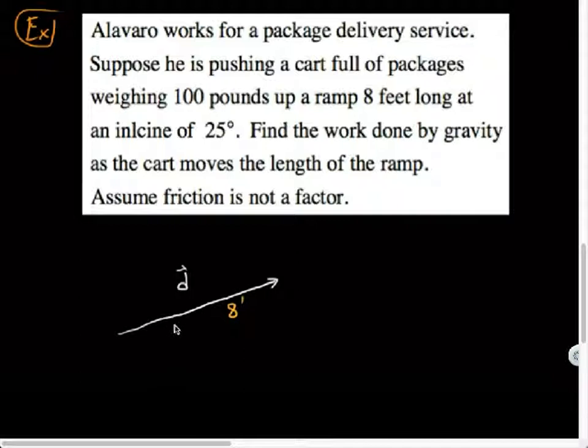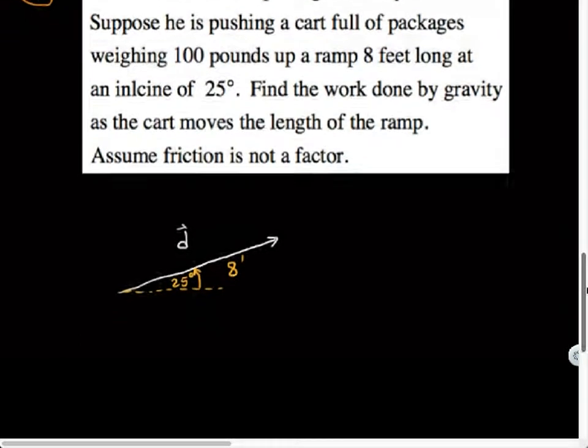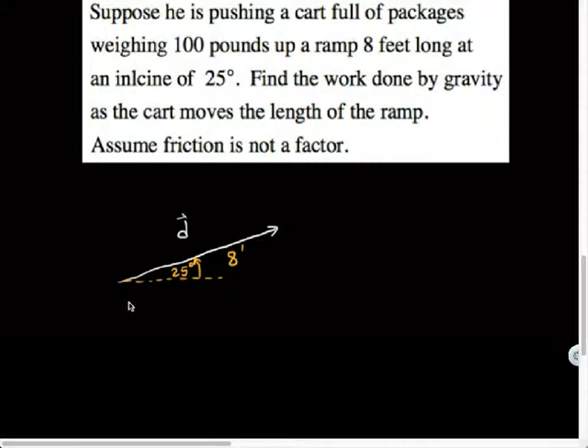So, 8 feet. And the angle of the displacement vector, or its direction, is the 25 degrees, right? So that's where the object traveled. Now, as far as the other vector, force due to gravity, which direction is gravity going to be pulling this cart? Downward force.